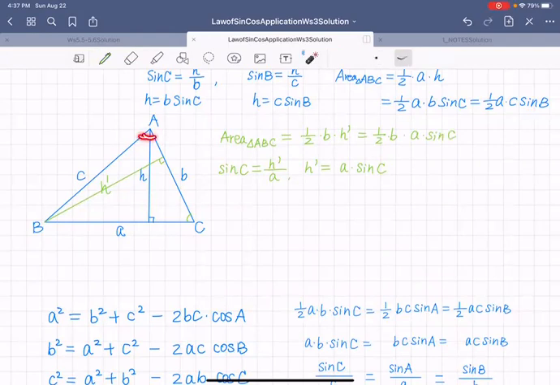Again, we do this direction. Sine uppercase A, this one, will be H prime divided by C. Please mute yourself. If I didn't ask you to answer the question, please mute yourself. Don't mess up my class. H prime equals who?